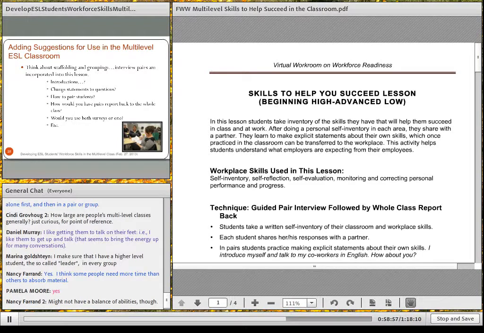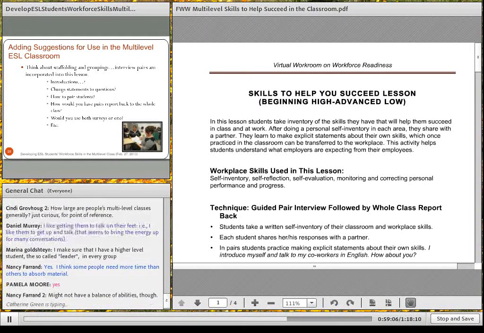Okay, for the introduction, please look at this lesson and go down to the general chat and make a suggestion that you might use to help your multi-level class prepare to do this lesson. And let me see if I can raise it up a little bit so you can see. Students take an inventory of the skills they have that will help them succeed in the classroom and at work.